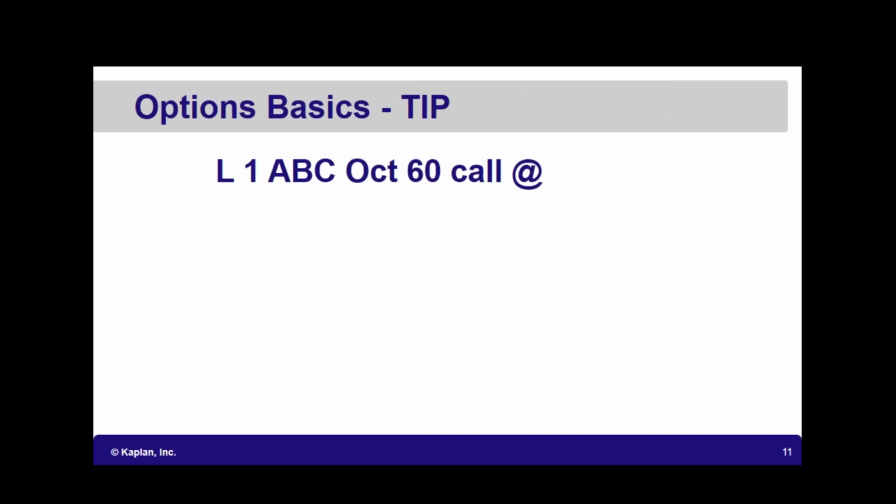So let's say we're long one ABC October 60 call at, well, I don't know what the premium is yet. So I'm going to give you the current market value, and we're going to figure out what our premium is. So the current market value is 62. Now think about it. I'm locked in to buy the stock at 60, and it's currently trading at 62.